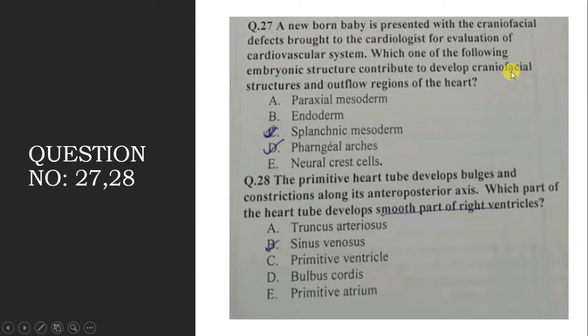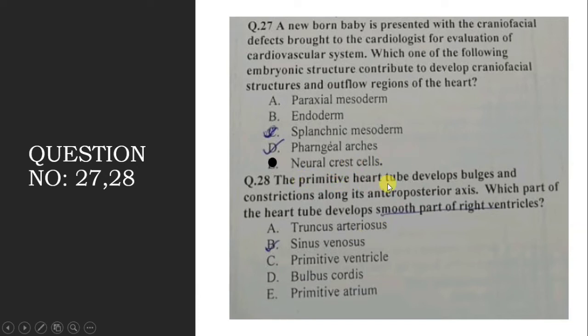The bones, muscles and skin of the face are formed by the neural crest cells. When there is a defect in the craniofacial structures as well as in the outflow regions of the heart, such as truncus arteriosus, this is due to a defect in the neural crest cells.